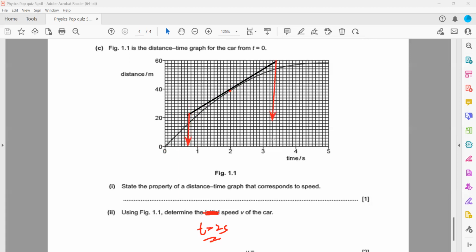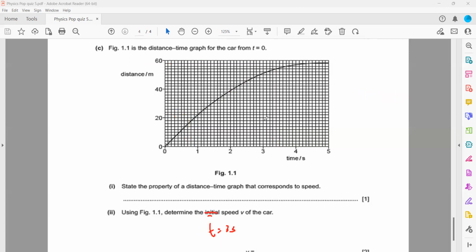The first point of the tangent will be x1, the second point will be x2. Then this will be y1 and then y2. And we find the gradient, which is y2 minus y1 over x2 minus x1. We get the speed at time equals 2 seconds. Same thing if they say calculate the speed at time equals 3 seconds.